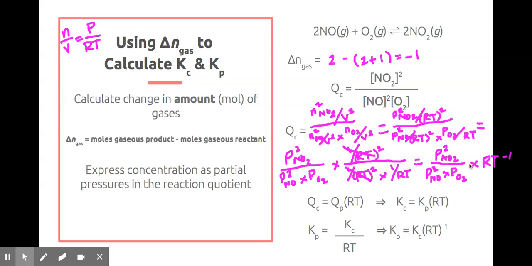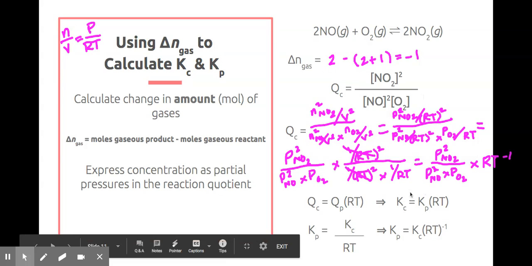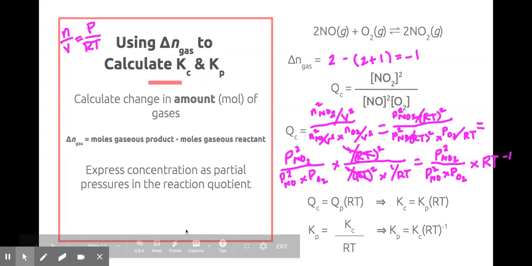So this particular derivation has shown us that our equilibrium constant with respect to pressure is equal to our constant with respect to concentration times RT to the negative first. However, we are going to take this a step further because we're not only going to be working with 2NO gas and O2 gas.